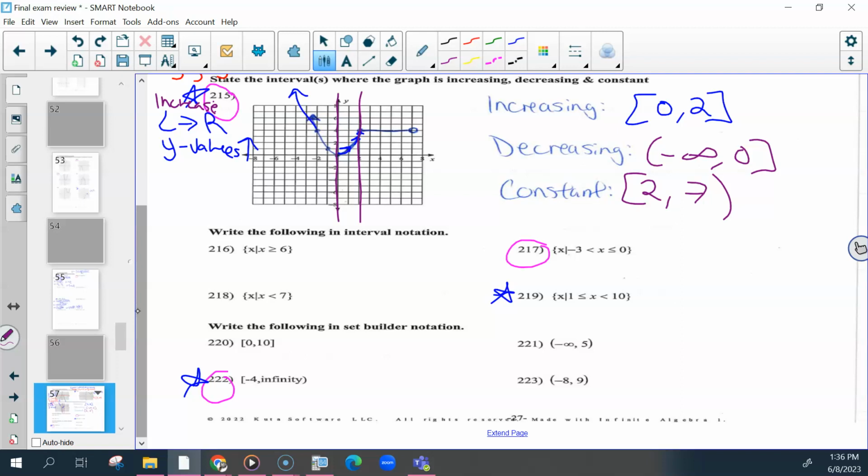This next section, you're trying to write these in interval notation, so it should look something like the ones down here. For 219, it's in between two numbers, so it's going to look very similar to one of these. The 1 has the equal to, the 10 does not, so the 1 will be in brackets, the 10 will be in parentheses.